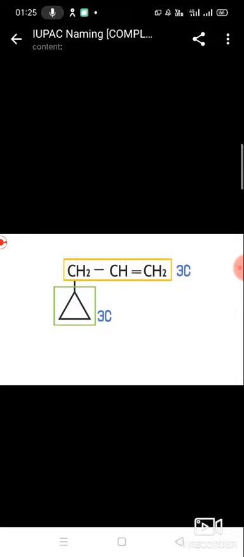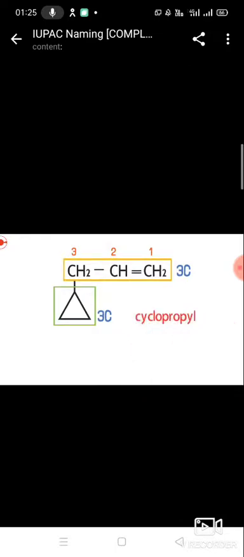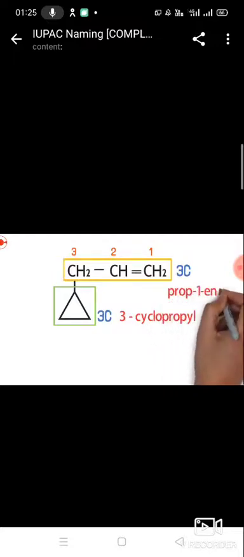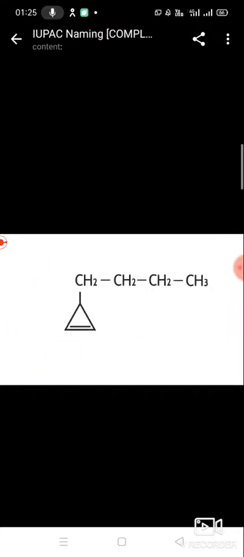So the double bond is present on the first carbon and 3 carbon atoms are present in a straight line. So propene, 3-cyclopropyl prop-1-ene, because the carbon atom is present in the first carbon.